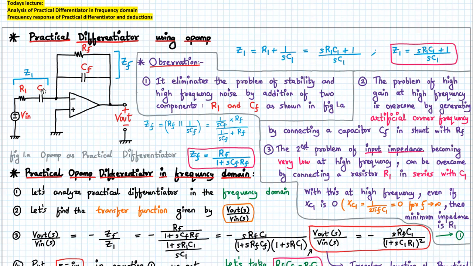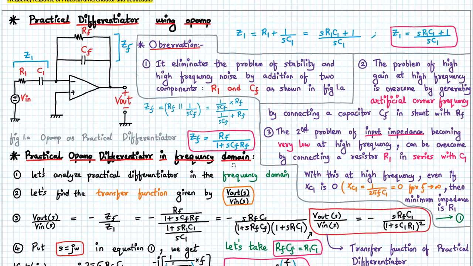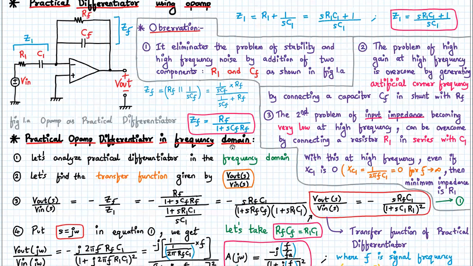The second problem, the input impedance becoming very low at high frequency, can be overcome by connecting a resistor R1 in series with capacitor C1. So with this, at high frequency, even if the reactance offered by the capacitor becomes zero, the minimum impedance is R1 for the circuit. This will solve the input impedance becoming very low at higher frequency.